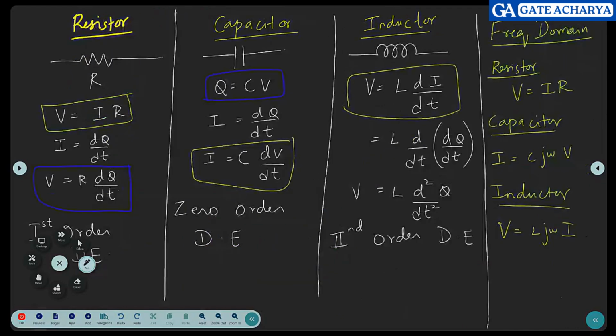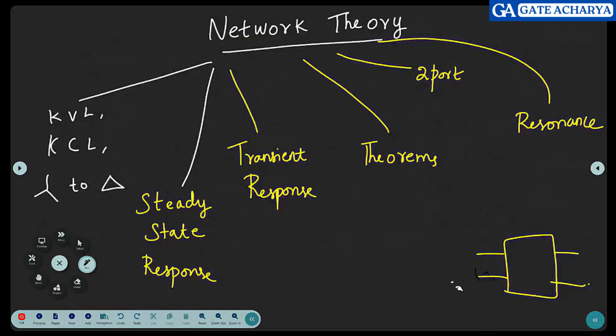As a part of the subject, transient response means a time domain analysis. Steady state response means frequency domain analysis. So basically, this subject is designed so that you are doing time domain analysis and frequency domain analysis. That's what this subject is all about.